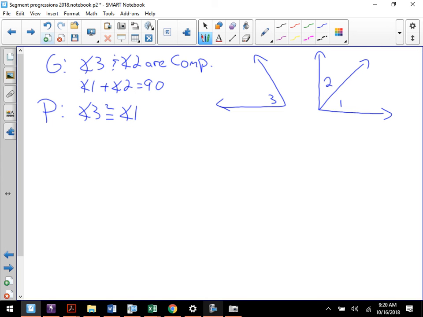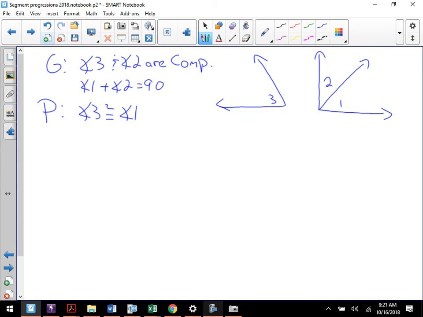Just like with segments, you only knew midpoints and segment addition. Well, with angles, you know angle addition, two smaller add up to equal the larger. You know angle bisectors, cuts it in two equal parts. And then you knew some of the angle pair relationships: complementary, supplementary, linear pair, perpendicular. And now all that's down on paper, so we can start going through what info you have in front of you to solve it out.